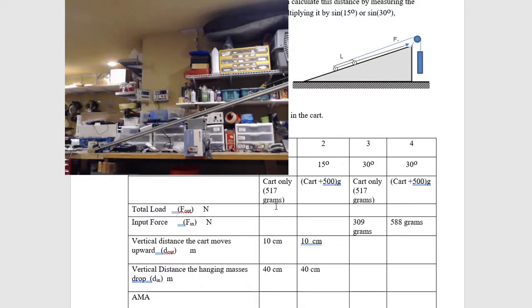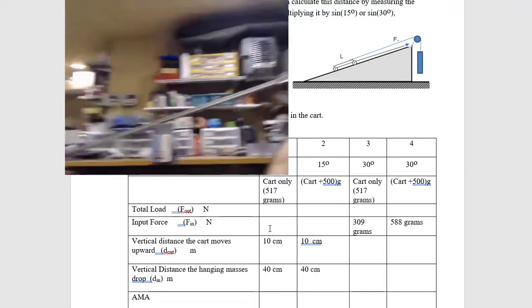And I mentioned that the total load here, or the input force, I should say, is what I weighed this to be. What I said a couple of minutes ago, I said I think 314. Let me check that. Can't remember what I said.